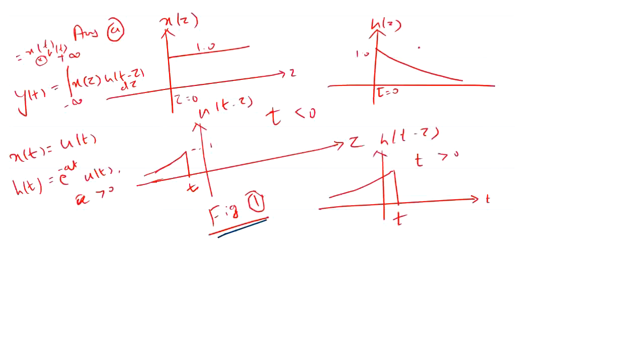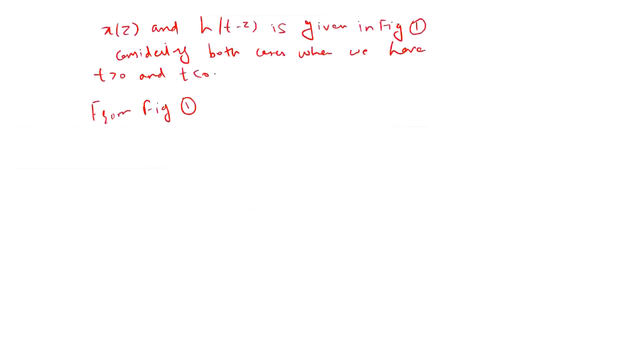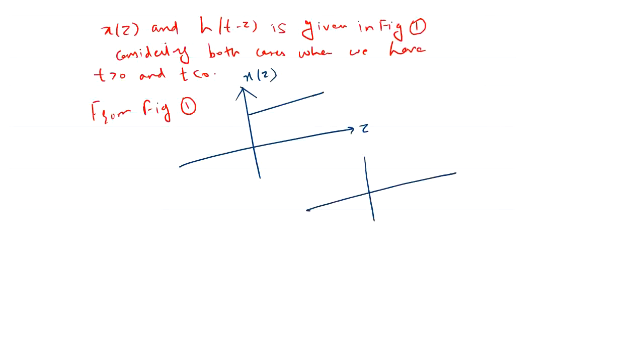For t less than 0, this is our x(tau) and this is our h(t minus tau).